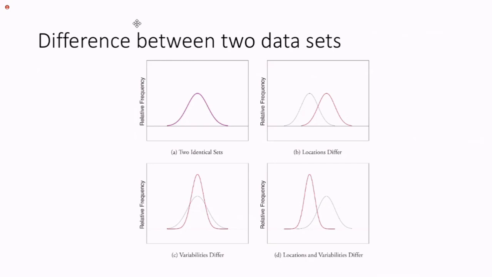Clear, guys? Okay, now we are going to compare two data sets, with their measures of central tendency and measures of variability. So far, did you understand what we discussed? Yes or no? Did you understand how to find mean, median, mode, and variance, standard deviation?